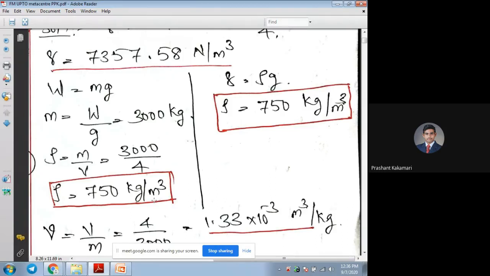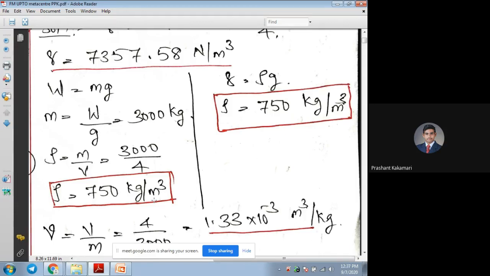Again, as for the last problem, they have solved it in two ways. One is weight density. We know that we need to divide the weight density by gravitational acceleration. That is 7357.5 divided by 9.81. If you do that, I'll get 750 kg per meter cube. This is one of the ways.